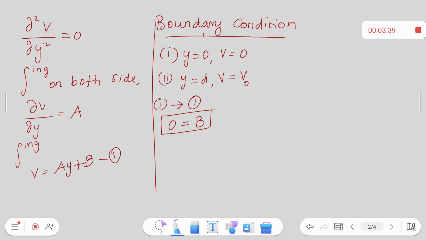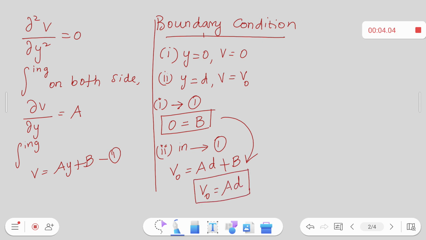Now if I apply my second boundary condition in equation 1, my equation will be V0 is equal to A into d plus B. Since B is 0, this equation becomes V0 is equal to A into d.